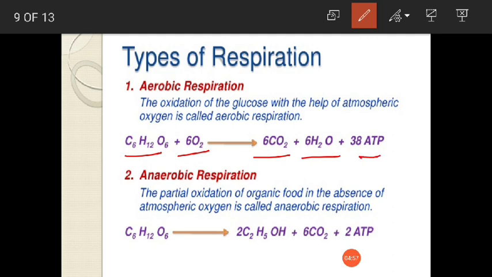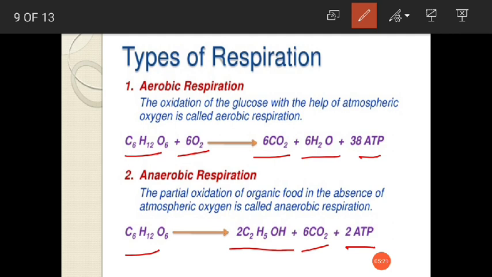In anaerobic respiration, partial oxidation, not complete, partial oxidation of organic food in the absence of atmospheric oxygen is called anaerobic respiration. Here also glucose is broken down into alcohol, water, and only 2 ATP energy.